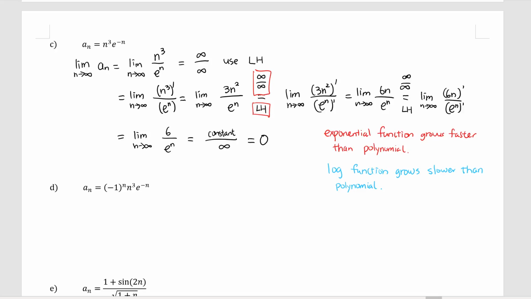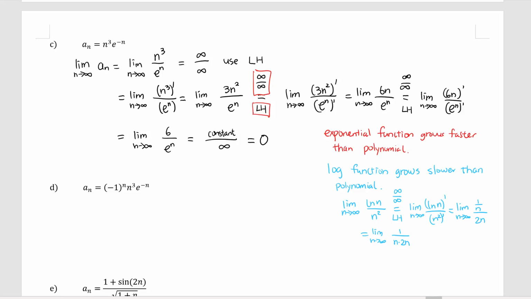Why is that? I can show you an example. Take the limit as n goes to infinity of ln n over n squared. We have infinity over infinity, so we can use L'Hopital's rule: the derivative of ln n over the derivative of n squared. The derivative of ln n is 1 over n, and the derivative of n squared is 2n. So we get 1 over n, over 2n, which is the same as 1 over n times 2n.